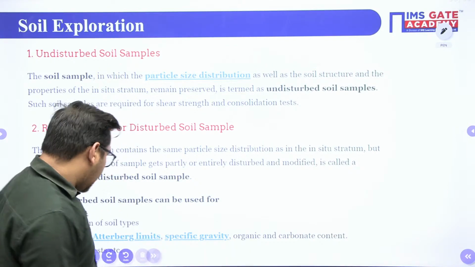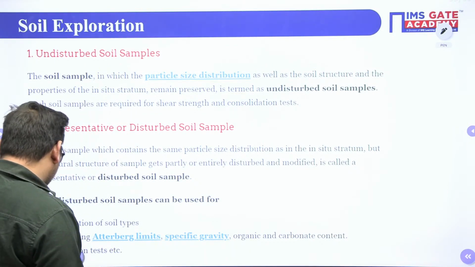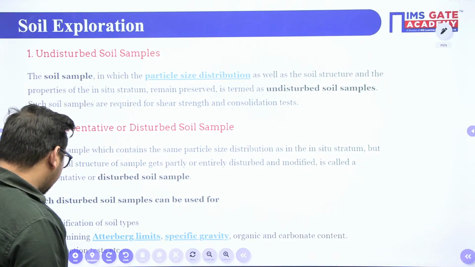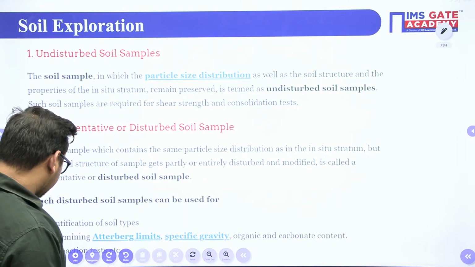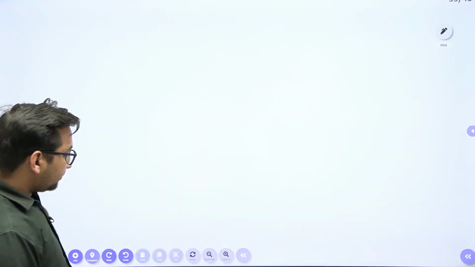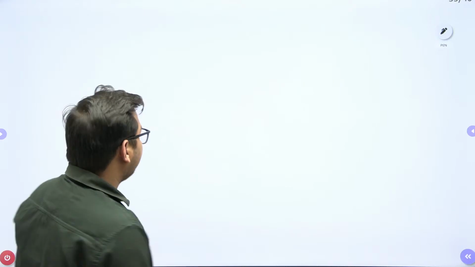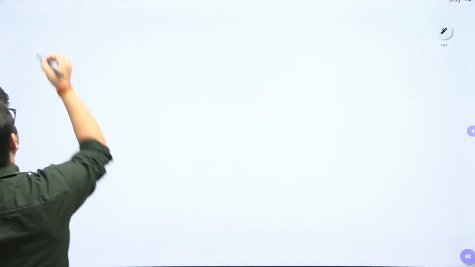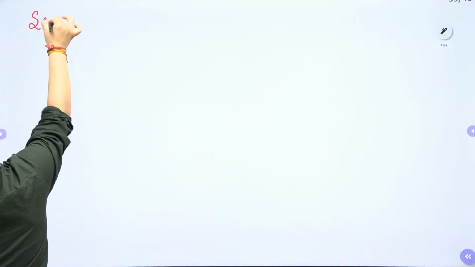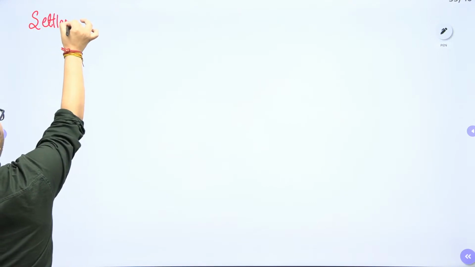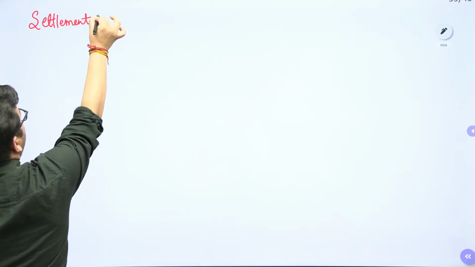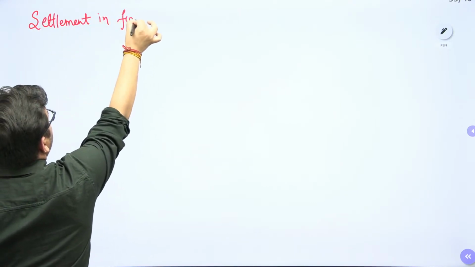Now, also we can talk about how to calculate the settlement. There is one more point, calculation of settlement in pile. Settlement in foundation I'll take.